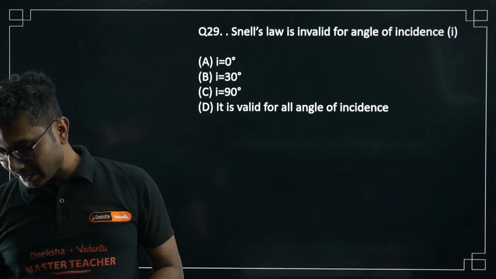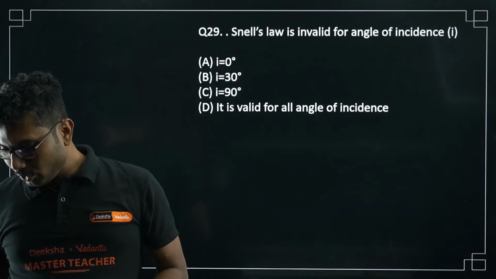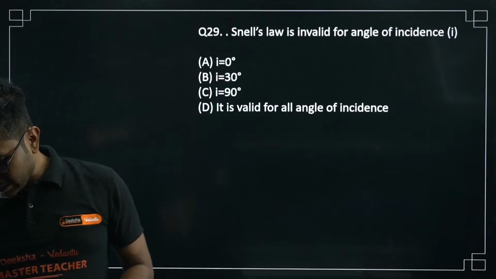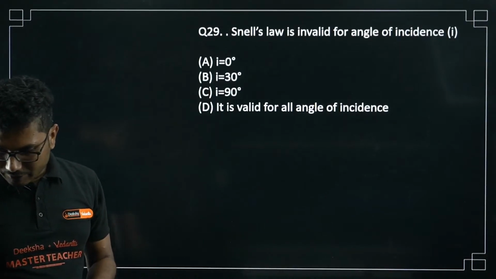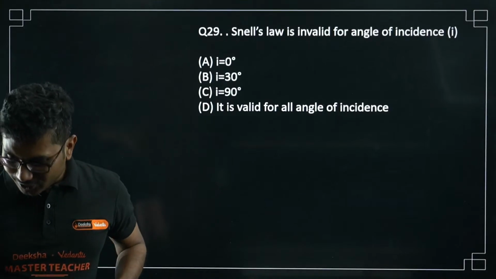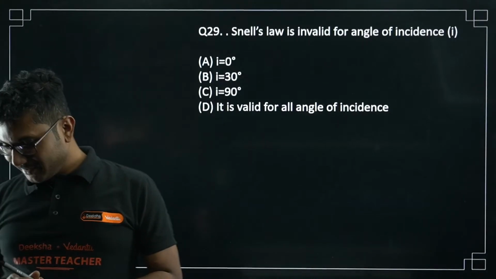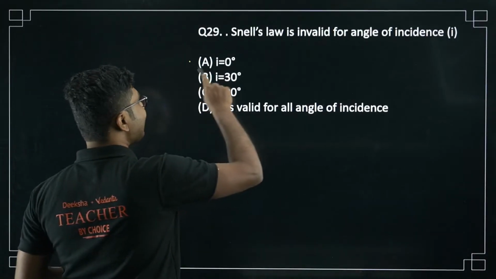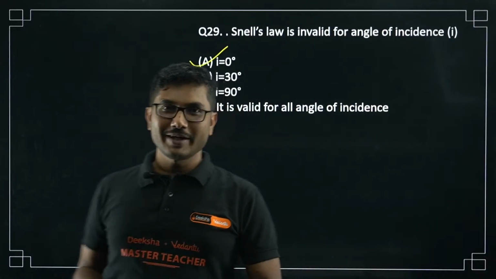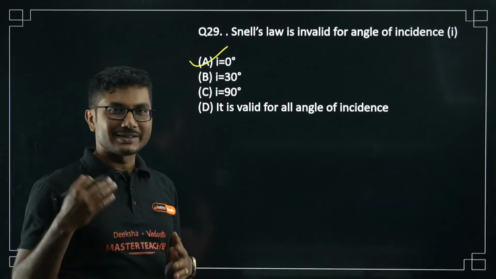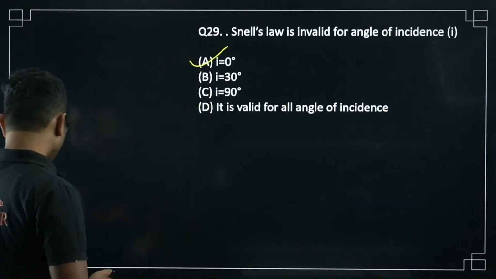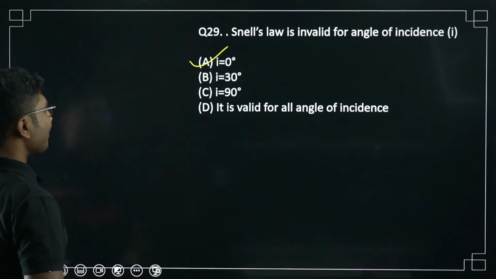KK is saying 29A, Navyashri is saying 29A, not 29C. Sure? Yes, normal incidence means angle of incidence is 0, not 90 degrees. Even though normal generally represents 90 degrees, for normal incidence the angle of incidence is 0. So yes, the correct answer is option A.